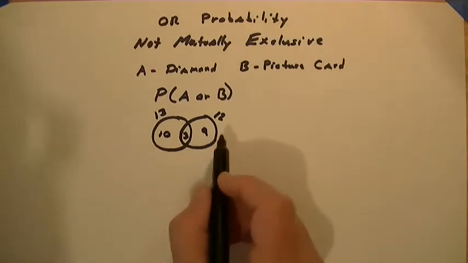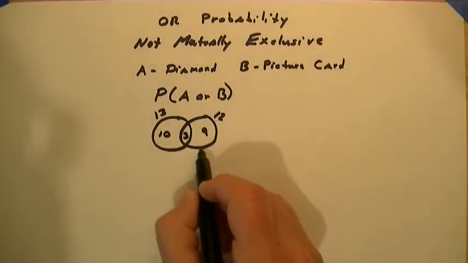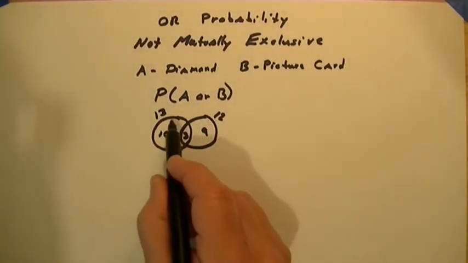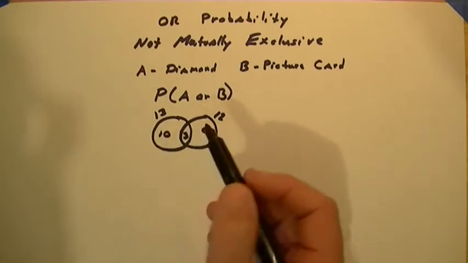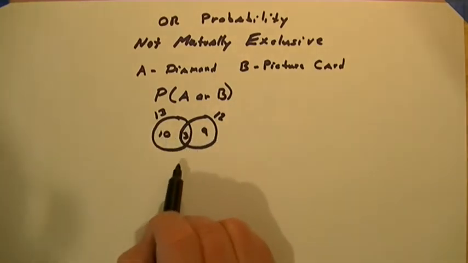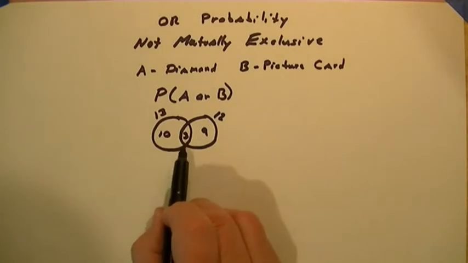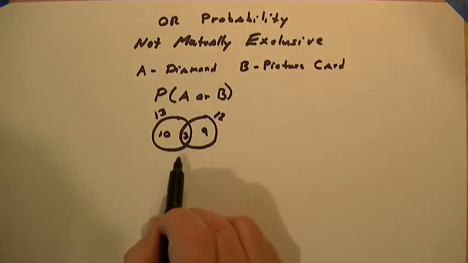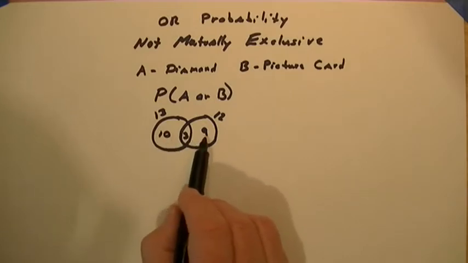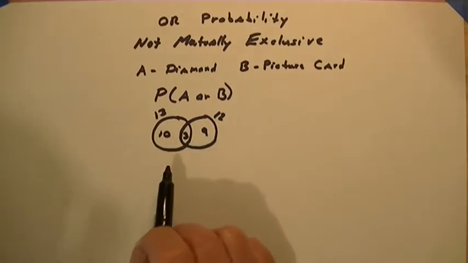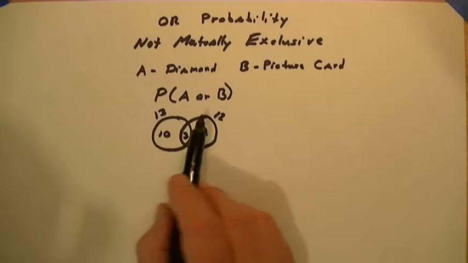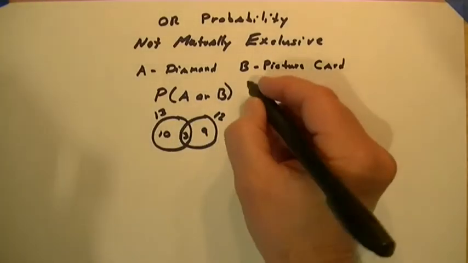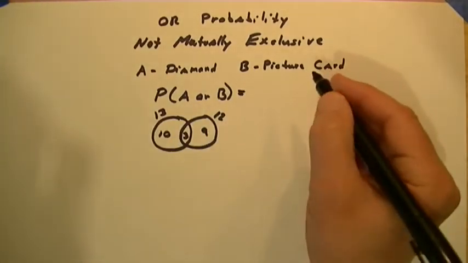Okay, so 12 represents all of the picture cards, 13 represents all of the diamond cards, but the 3 represents the overlap. By drawing this Venn diagram, we've taken that overlap and collapsed it into one thing. So we could simply add these 3 numbers and get our probability. If we simply add the 13 and the 12 like we would do normally, right?